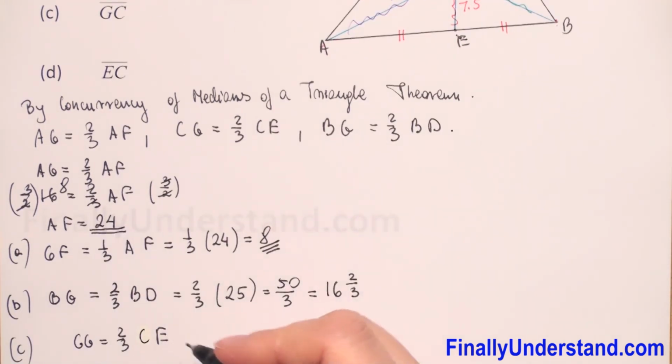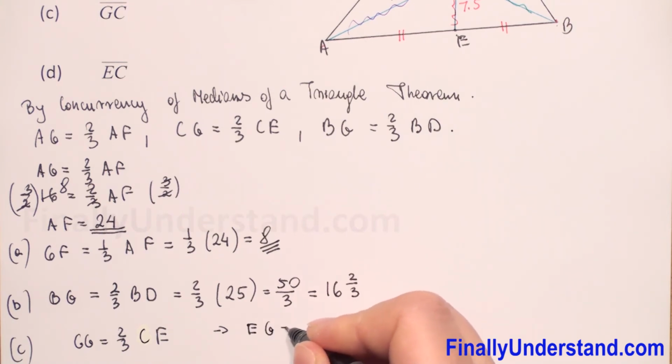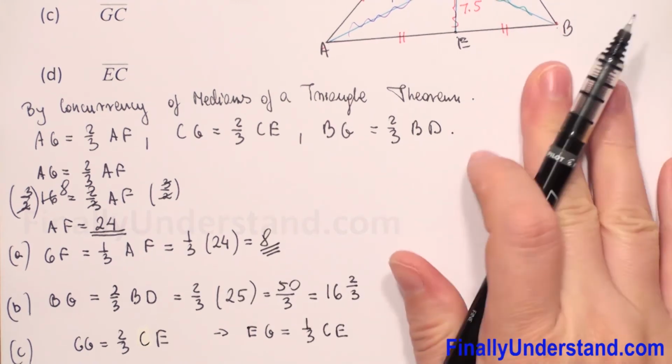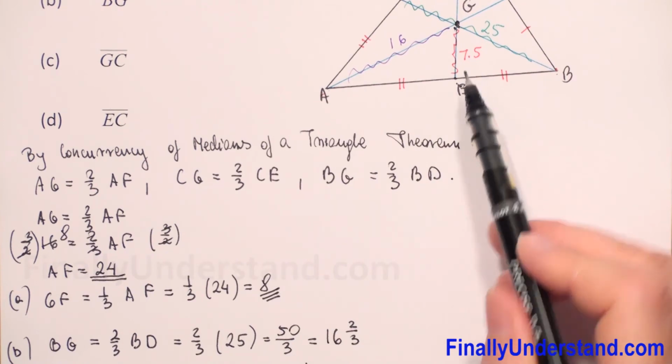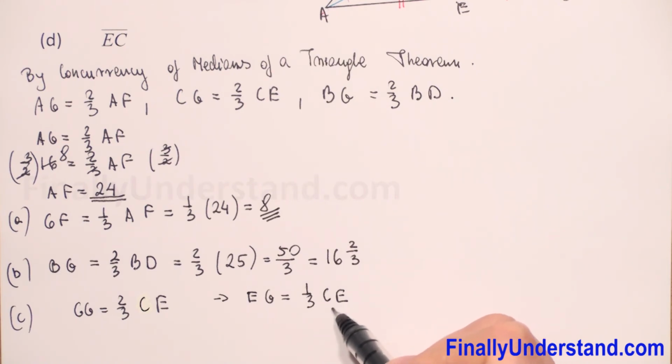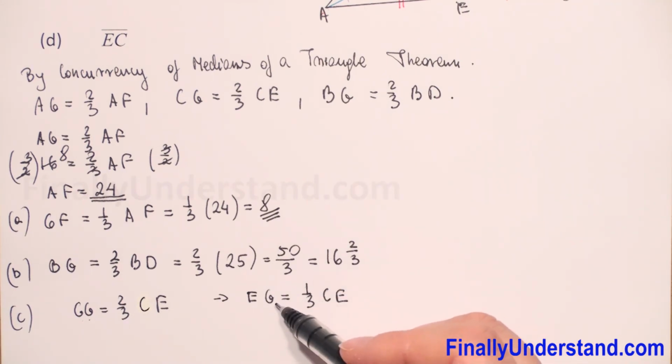So we can write that EG is equal 1/3 of CE. So if we have given that EG is equal 7.5, so if we have EG, we can find CE. If we will have CE, we can find CG. So EG is equal 7.5.